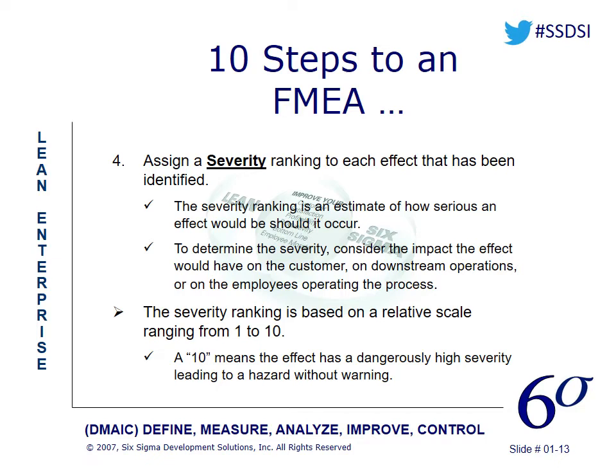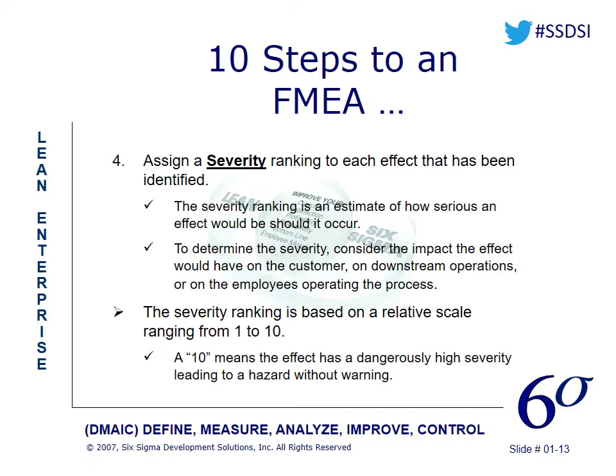Some people do a 1 to 5 scale, but I tend to think there's a little more granularity in a 1 to 10 scale. The number 1 means little or no effect. The potential failure effect doesn't really affect our process much. A 10 says it really has a large effect.